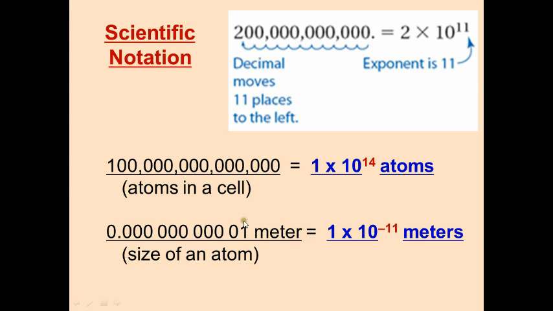What's in front of the decimal is only a 1, so that's how you got the 1. Then you multiply times 10, and raise it to the number of zeros, or digits, we passed. So we passed 11 digits. And because it's a small number, it's negative. So think of negative for small.